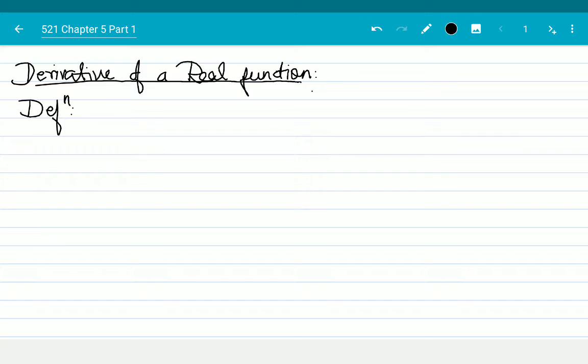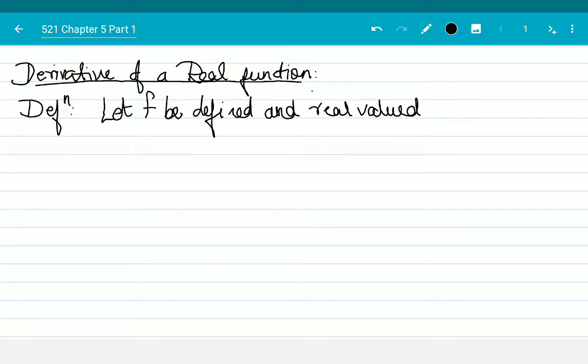Let f be defined and real valued on [a, b]. For now the function is from reals to reals. This is not defined on random metric spaces as of now.